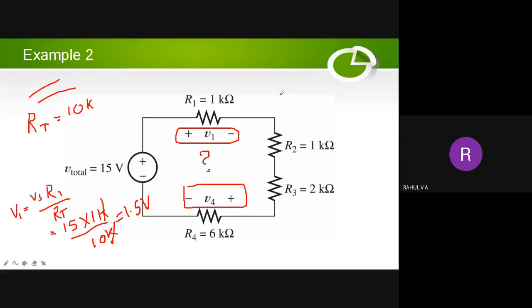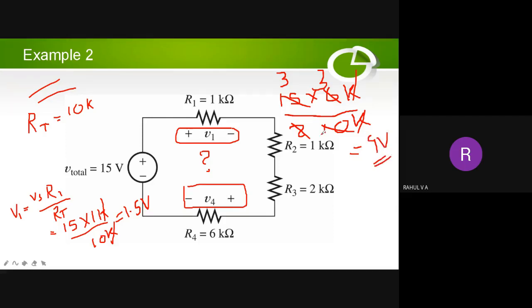Okay, we will check whether it is correct or not. 15 into 6K divided by 10K. So K and K cancel each other. If you divide 10 by 5, it is 2. 15 by 5 it is 3, and 6 by 2 it is actually 3. So 3 into 3 is 9. Okay, it is the correct answer.